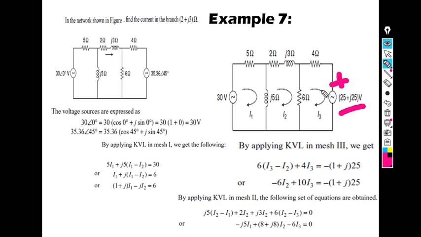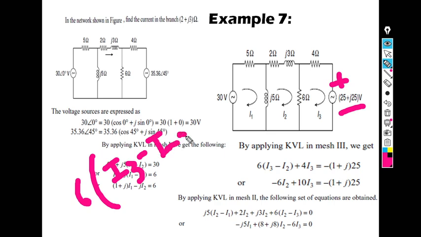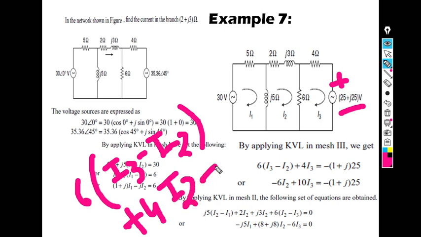So current is going from I3, so I can write 6I3 minus I2 plus 4I3 plus 25. Don't write 25 plus J25 into I3. Please, it is a voltage source.